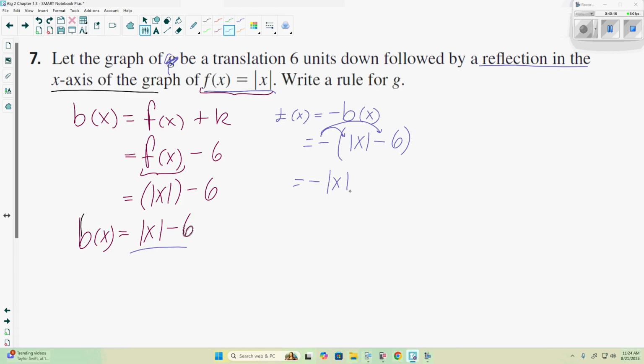And our negative times negative 6 is going to be positive 6. That's it. Even if we had a third, fourth transformation, the way I would do it is treat it one transformation at a time. Questions on any of this here?